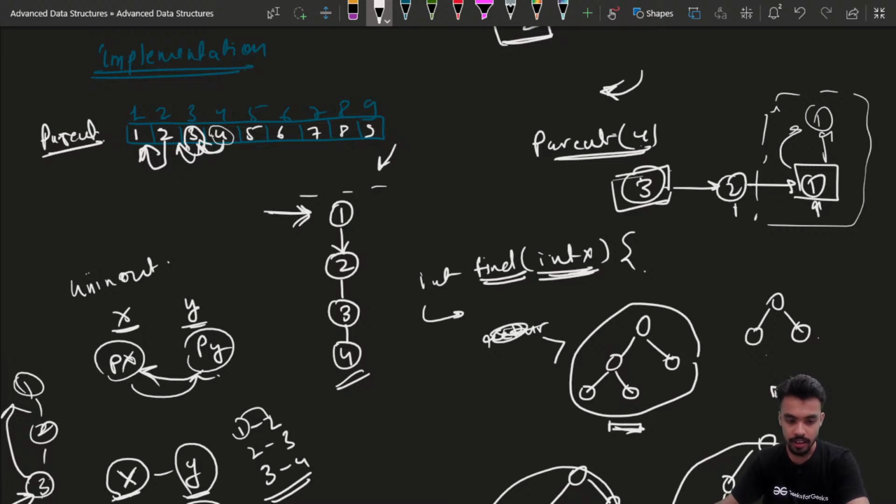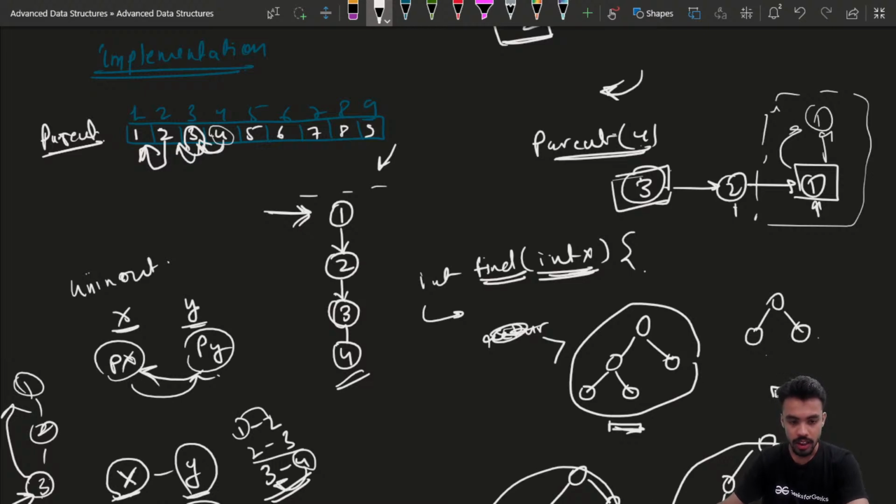Then as you are getting another query of 2 to 3, that 2 and 3 are friends, you are making 2 a parent of 3. So this edge you are connecting. Now you are connecting 3 to 4, and you are making 3 a parent of 4.